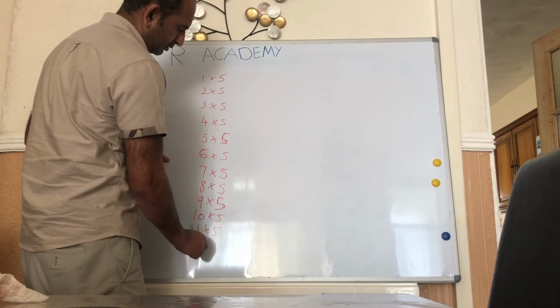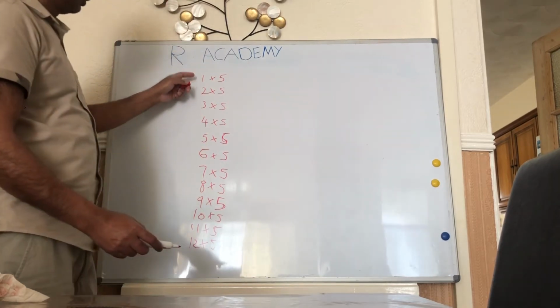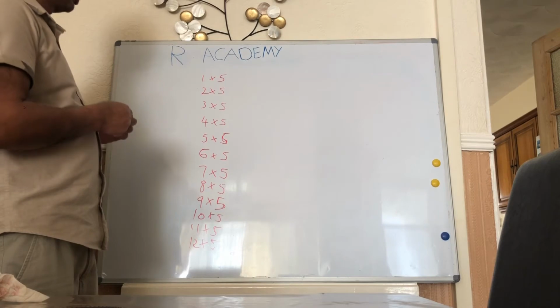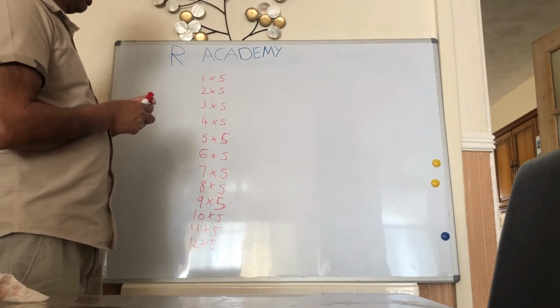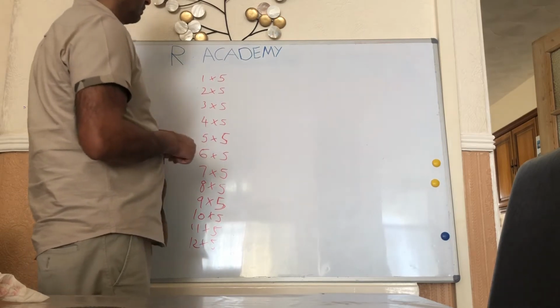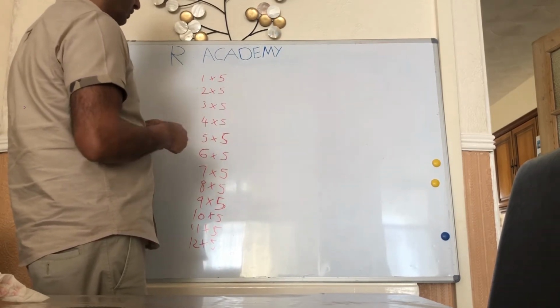And so on. So basically we've gone from 1 all the way to 12, multiplying 1 at a time. Ideally, if you can learn it off by heart, 1 times 5 is 5, 2 times 5 is 10, and so on.